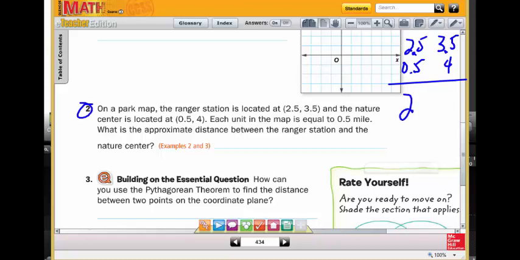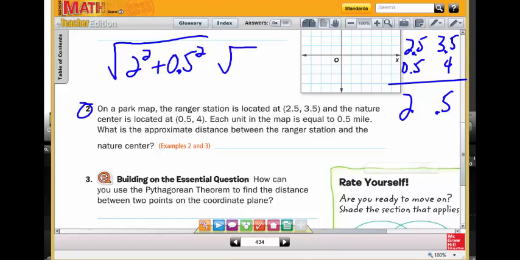And from 3.5 up to 4 is just 0.5 units. So we have our legs. We have the square root of 2 squared plus 0.5 squared. Put that in a calculator, and we will be taking the square root of 4.25 if you're doing it that way, or just plugging it right into the calculator.